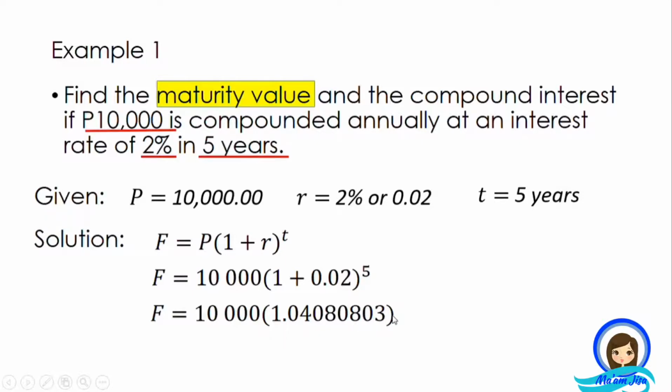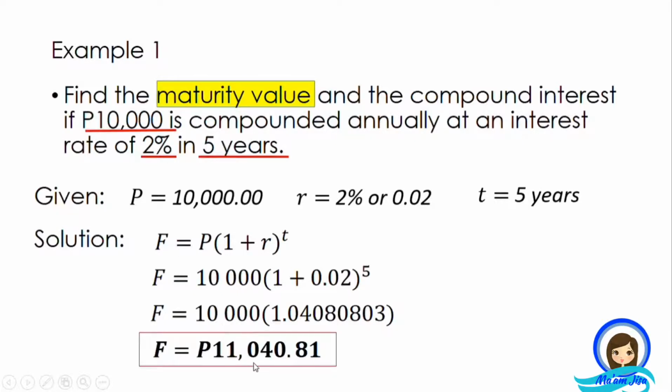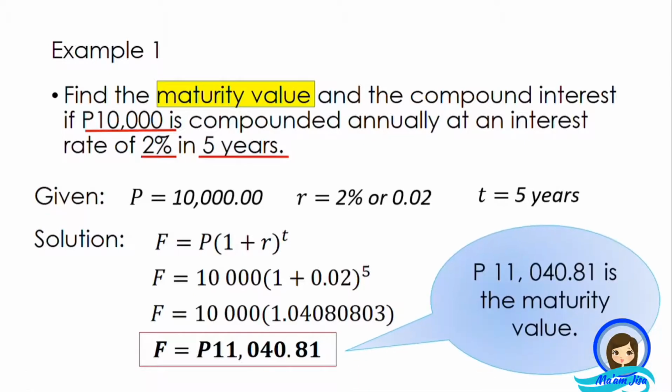You may check this using your calculator in your phones, or if you have scientific calculators with you, it would be better. And then multiply it to 10,000. We have 11,040 pesos and 81 centavos. This is the maturity value.